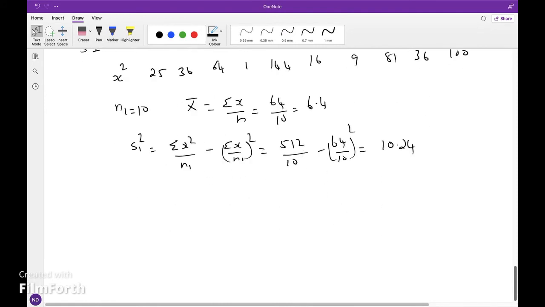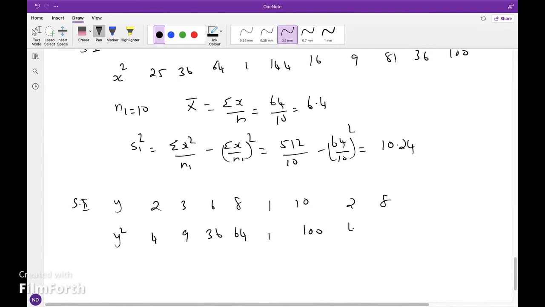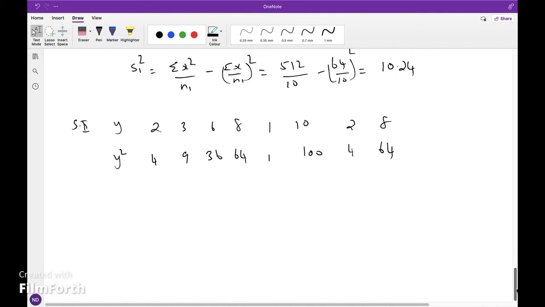Similarly, we can find for sample 2. Let us assume y: 2, 3, 6, 8, 1, 10, 2, 8. So y squared: 4, 9, 36, 64, 1, 100, 4, 64. From this data we can find y bar and small s2 squared. So here n2 equal to 8 only.